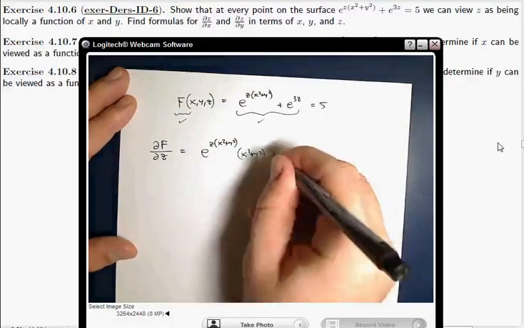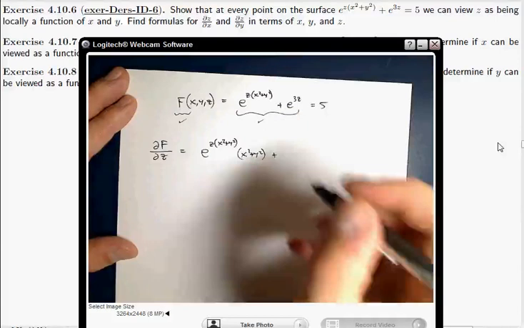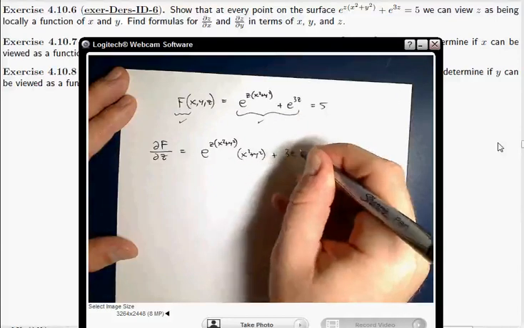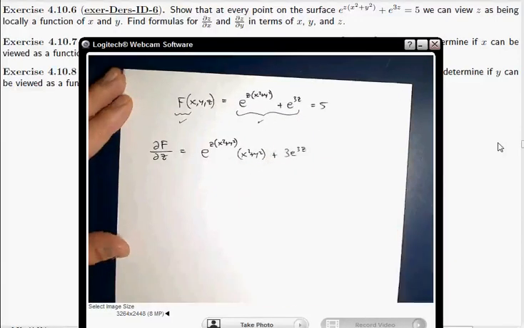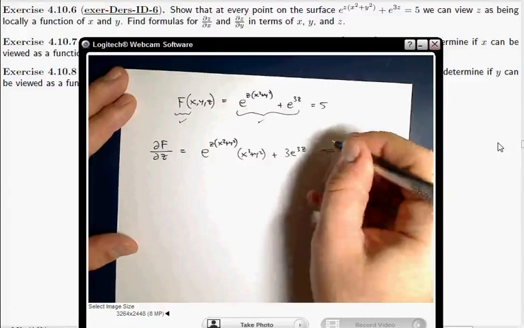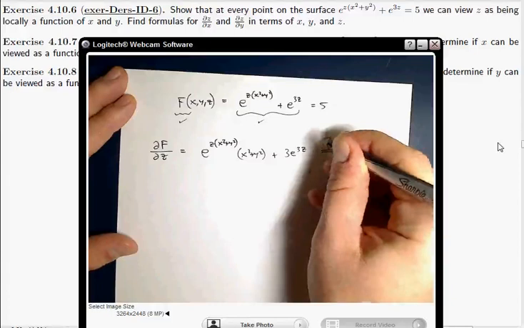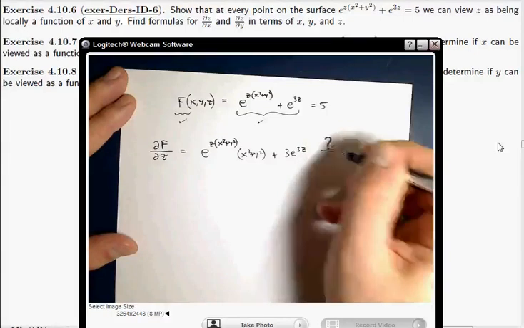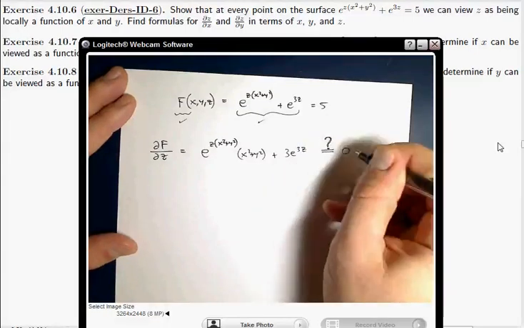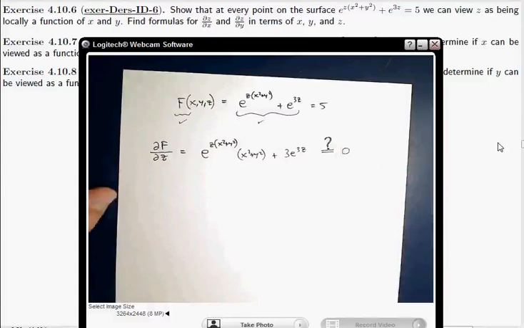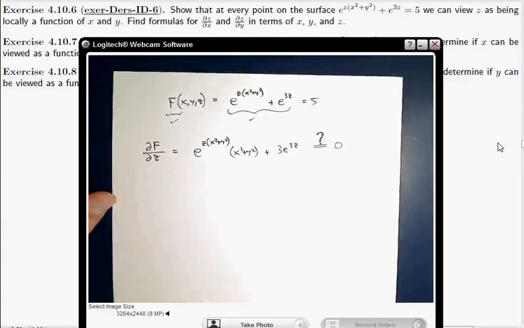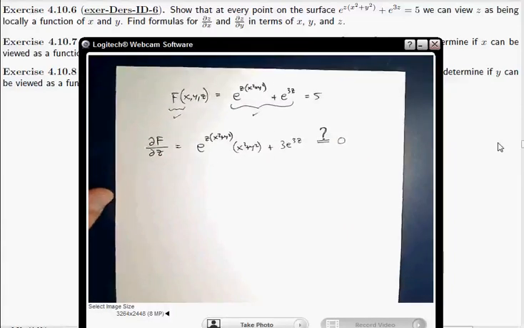Plus, now what's the partial of that with respect to z? Well, that's no problem, it's 3e to the 3z. And the question is, is this necessarily known to be not 0? I claim there's no way that could possibly equal 0.